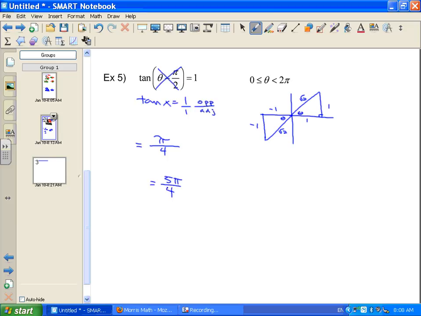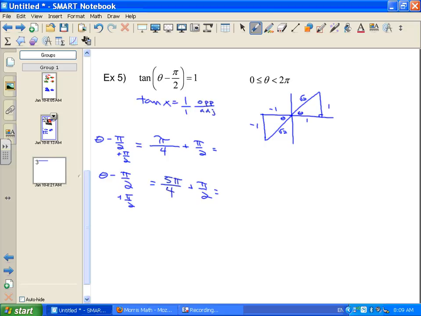Okay, but that was when I was solving for x. It's not x, it's theta minus pi over 2. So we have to add pi over 2 to both sides. So that's 3 pi over 4.